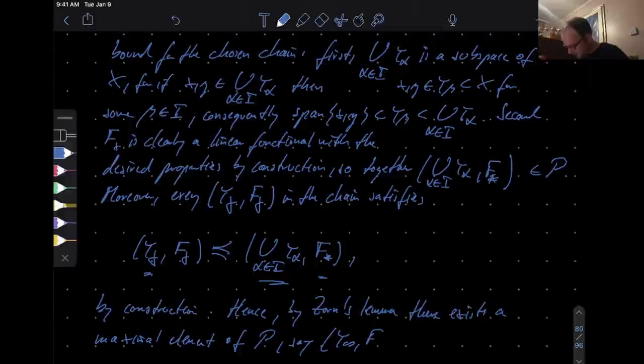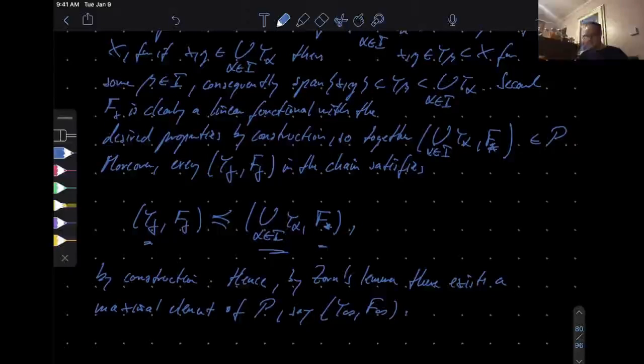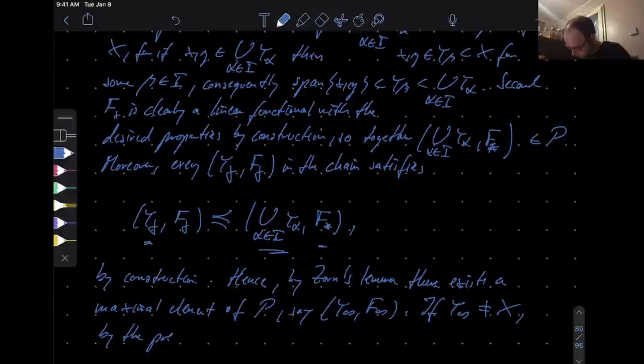y infinity, f infinity. Now we will have to show that this maximal element does what we want from it, that is to say that y infinity should be the whole space, right? So y infinity should be in particular equal to X. So if not, if y infinity is still a proper subspace in X, by the previous proposition, you can extend it again.